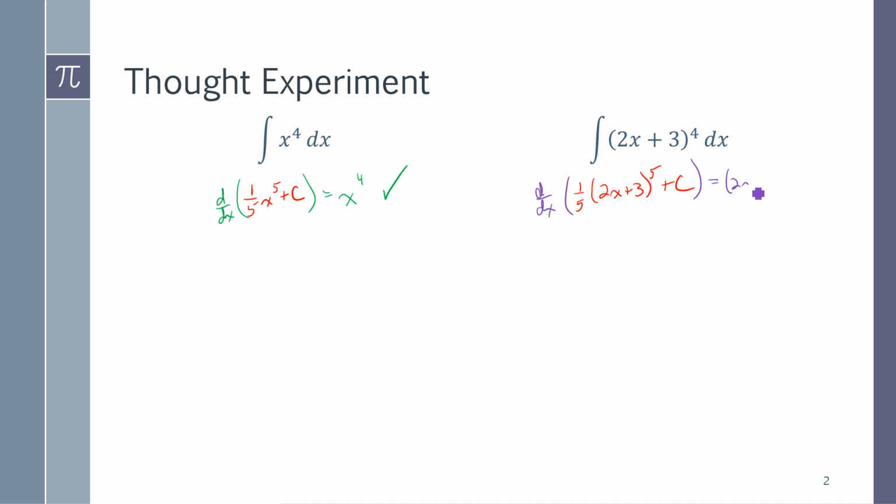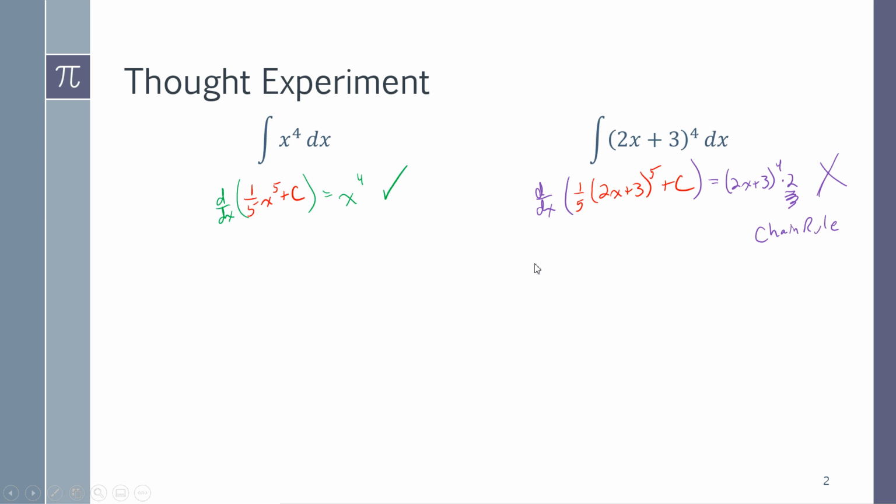I've got (2x plus 3) to the fourth. But then there's the derivative of the inside, times 2, plus 0. No, that's not going to work. And that's because of the chain rule. So we need a way of undoing the chain rule.